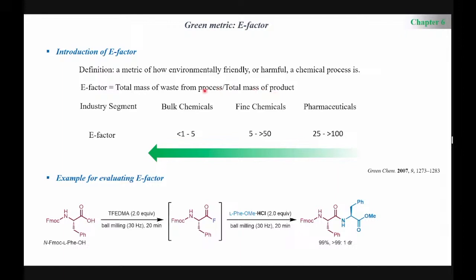Apparently, the ideal E factor is 0, and a higher E factor means more waste. For bulk chemicals, tolerable E factors typically range from 1 to 5. For fine chemicals, 50 may be acceptable. And in the pharmaceutical manufacturing industry, acceptable E factors may be more than 100.